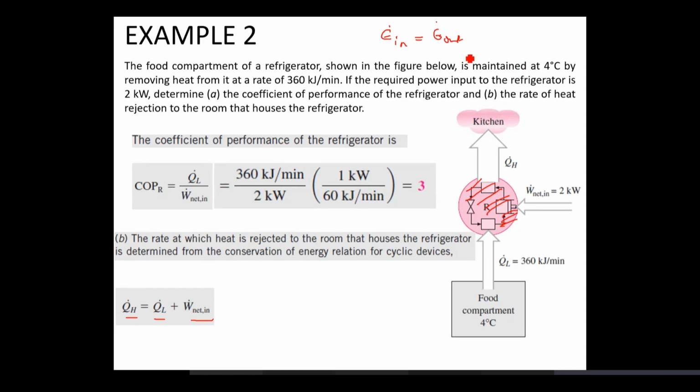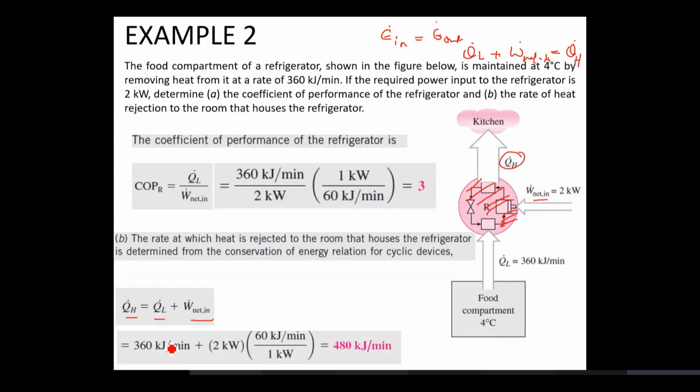So the energy coming into the system is Q dot L and work dot net in, which is equal to the energy leaving the system, which is Q dot H. So if you plug in the values, you have 360 kilojoules per minute. This time you have converted 2 kilowatts into kilojoules per minute by multiplying it by 60. If you combine them together, this would give you 480 kilojoules per minute.